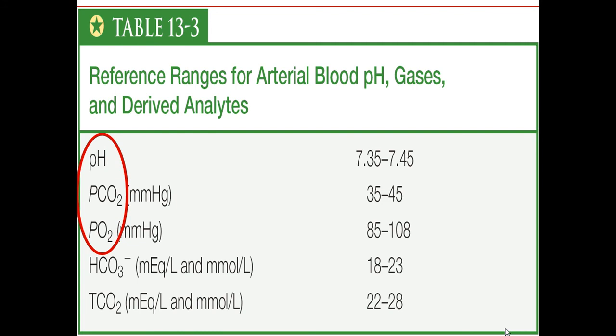Now I want you to look at the difference, okay? This is the bicarb component, and that's about what we had for reference intervals last week on our ISEs. Yes? You got those memorized? Yeah, you will. Okay, about 20.